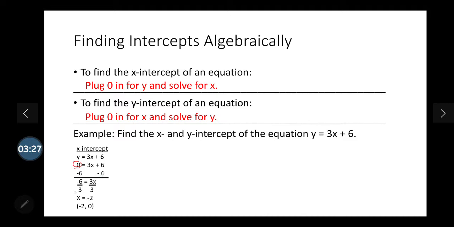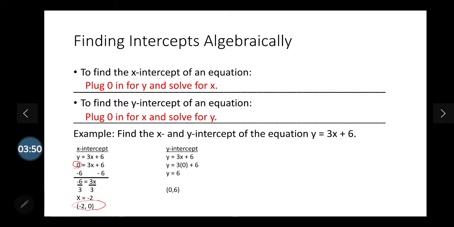Subtract 6 from both sides, negative 6 equals 3x. Then I divide by 3, and x equals negative 2. Remember on the last slide, I said you have to write your x and y intercepts as ordered pairs. And so my x-intercept would be this point right here, negative 2, 0.